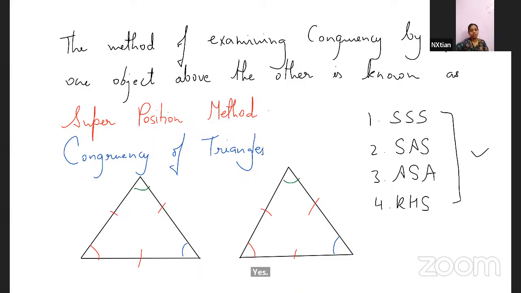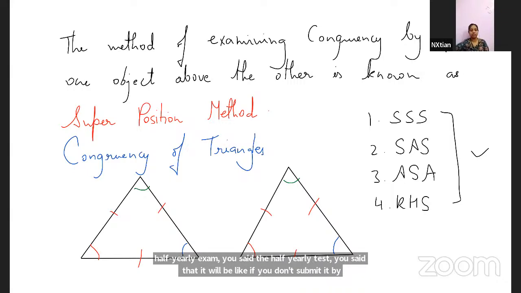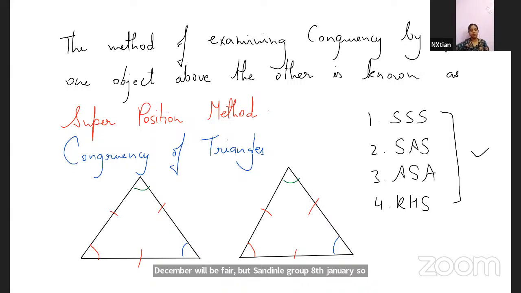Ma'am, I have one more question. Yes, Amara. The half yearly exam, you said that if we don't submit it by 30 December, it'll be failed, but you sent in the group 8th January. Yes, I extended the date since most of you are going out for holidays.